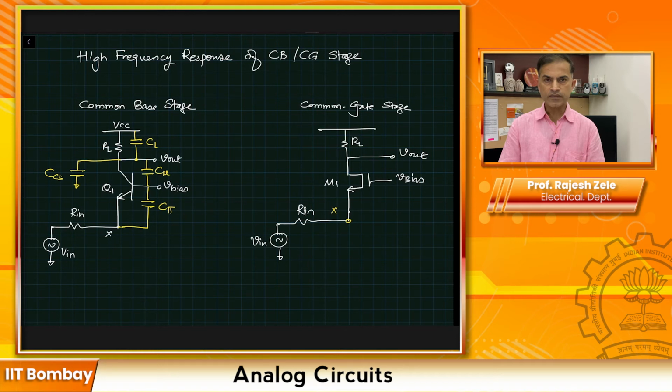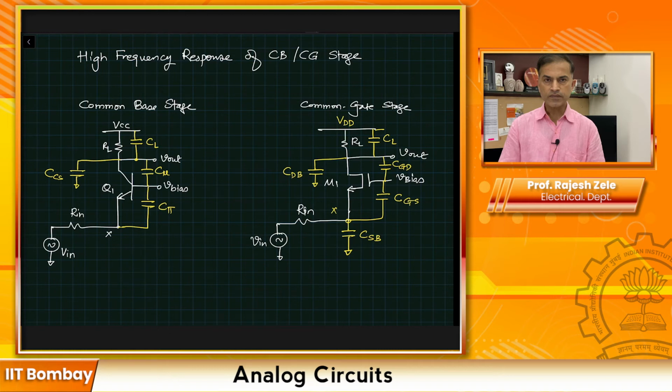From source of the MOSFET, we have a capacitance which is CSB, source to bulk. Then we have CGS, CGD. Here is C drain to bulk, CL. So V bias is AC ground.